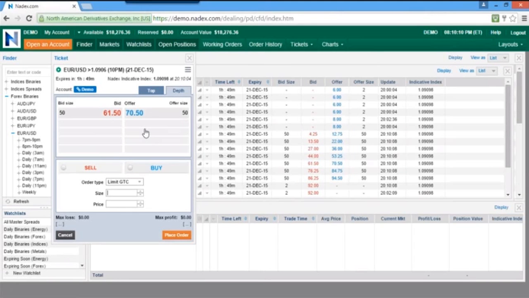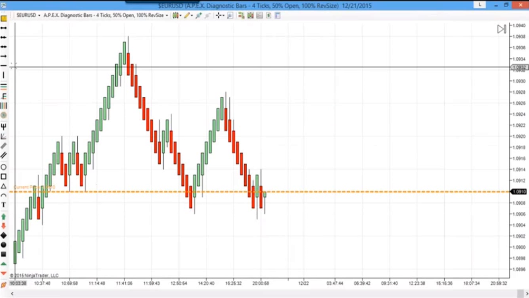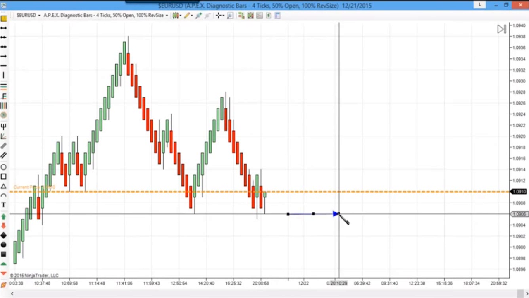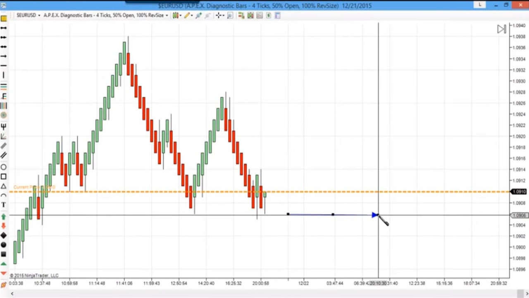Okay, this binary right here, I can buy it right now for about $71, right? 0906 is the strike price. So let's find 0906 right there. Everybody see that?